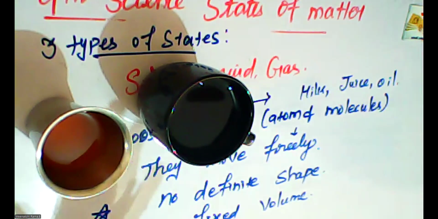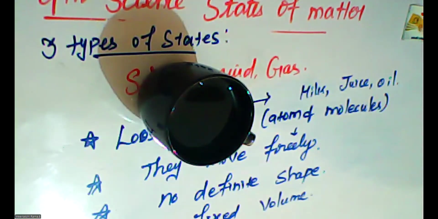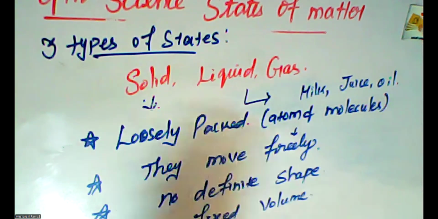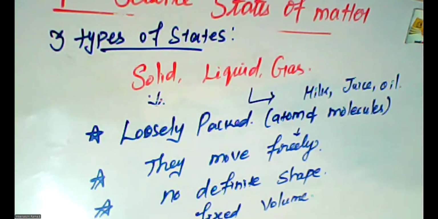This is the main property of the liquid state. Understand? These are all the properties of the liquid state. The atoms and molecules are loosely packed, they move freely, and they have no definite shape but a fixed volume.